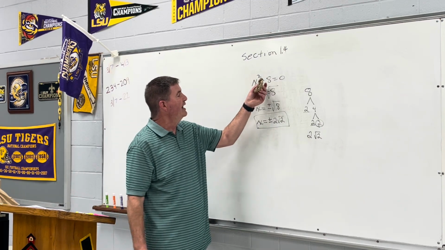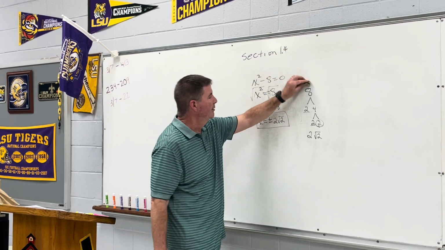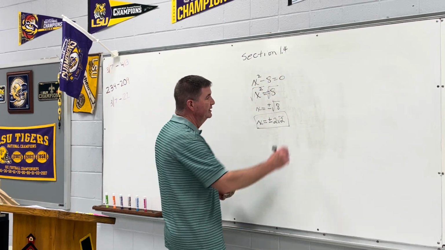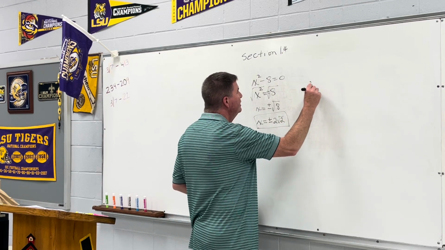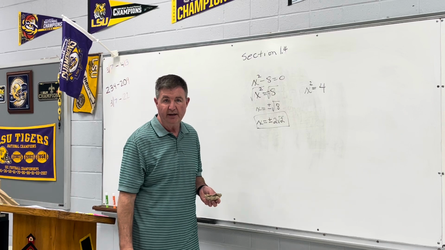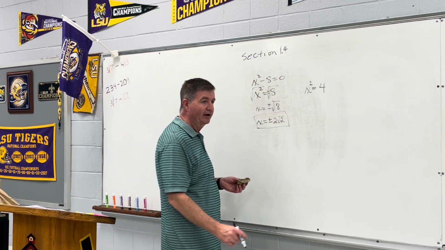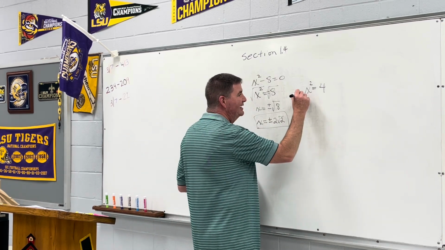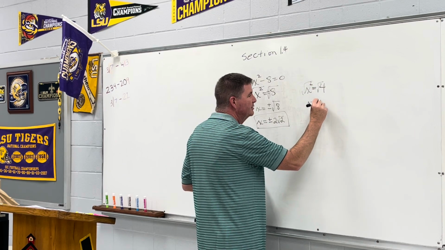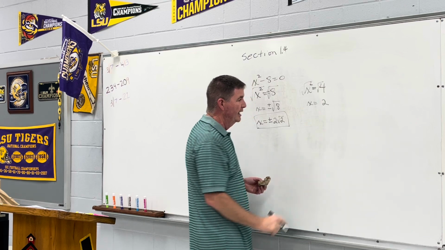If I had one that was a perfect square, you could see x squared equals 4. I'm doing that because 4 is a perfect square. So if I took the square root of both sides, you would see that x equals the square root of 4, which is 2, right?